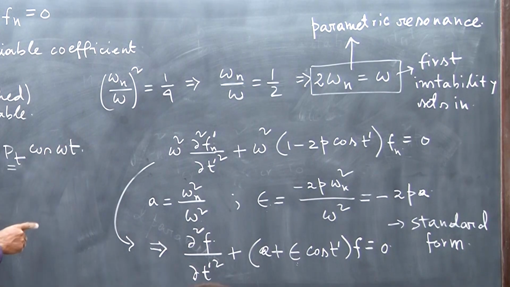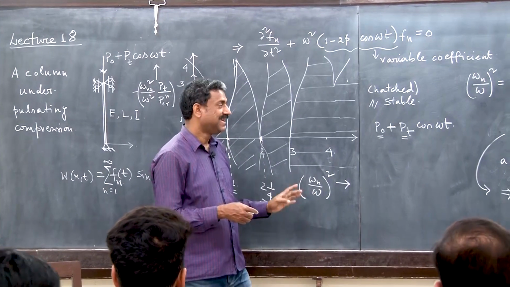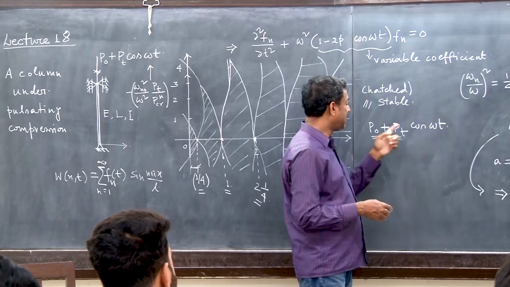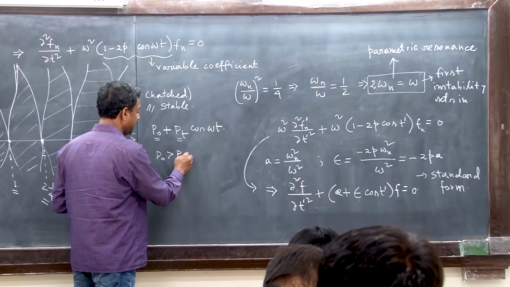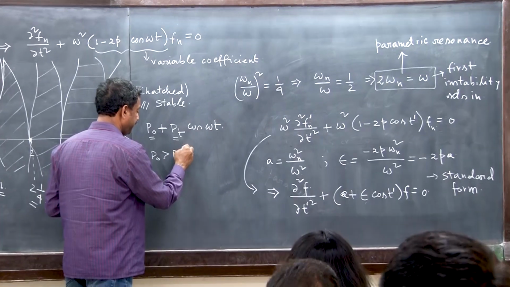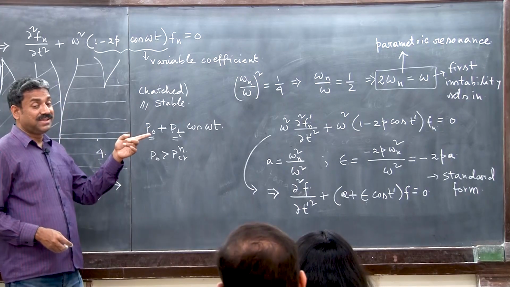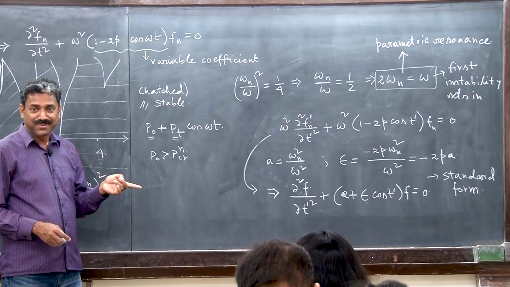If you go back to the expression of omega n, when this vibration is occurring, the magnitude of P0 can be greater than PCRN, meaning a column can sustain load beyond critical load.